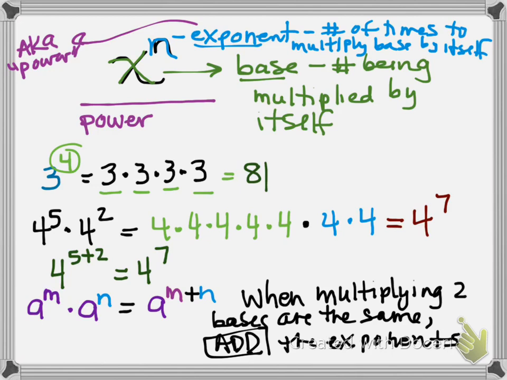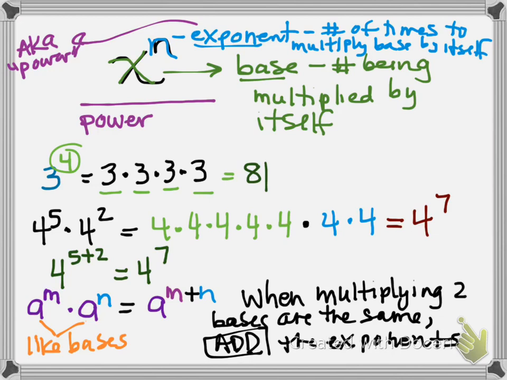Now, when bases are the same, you'll often hear the term like bases. So I'm going to write that in here. So A and A are considered like bases. So when you're multiplying like bases, so that doesn't limit it to 2, that means they're the same, you're going to add the exponents. Okay?